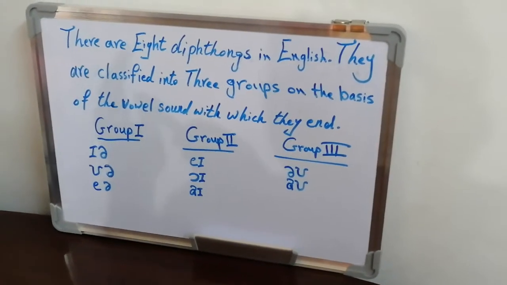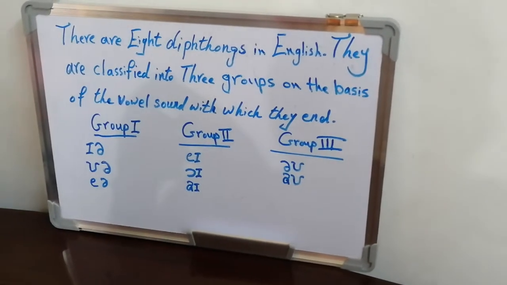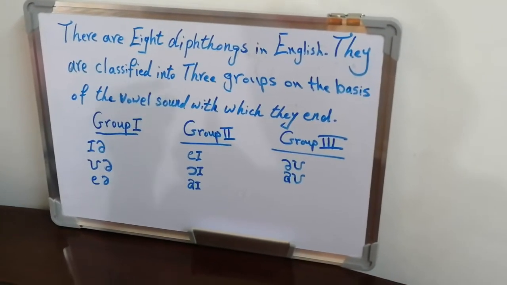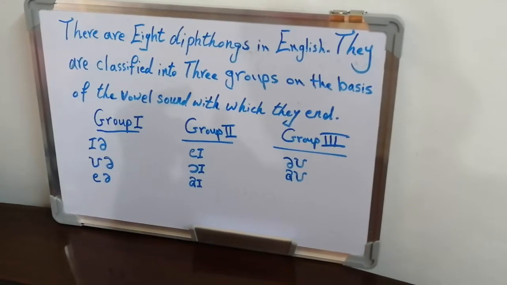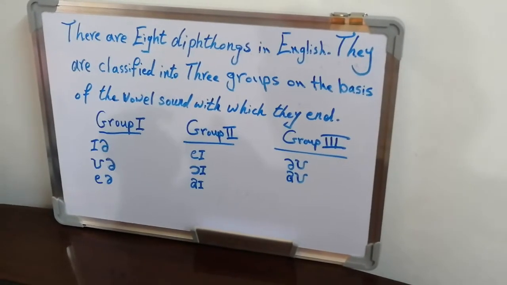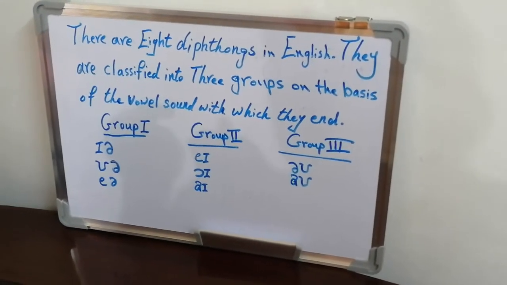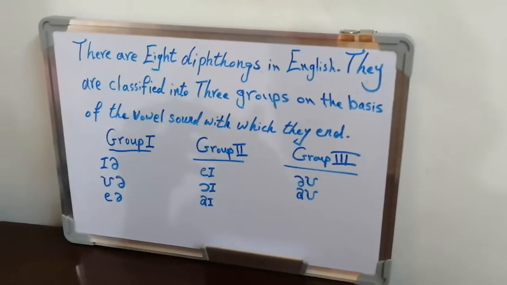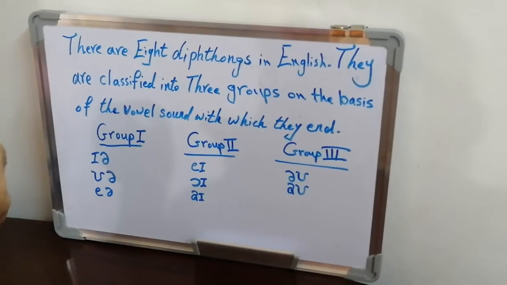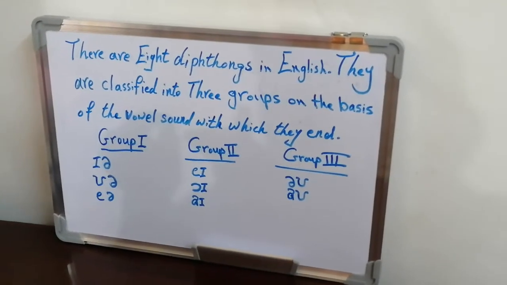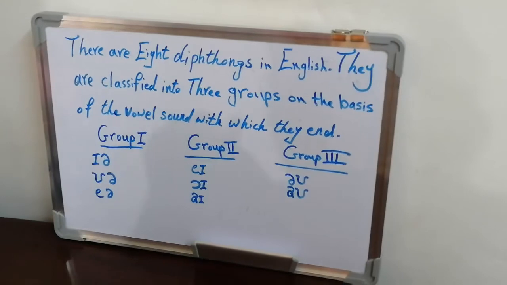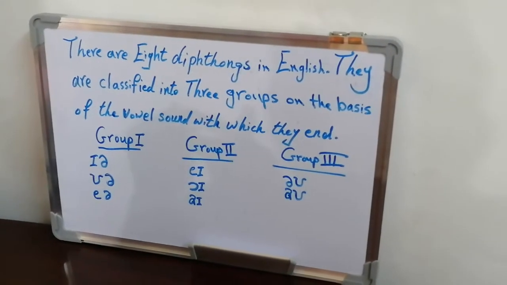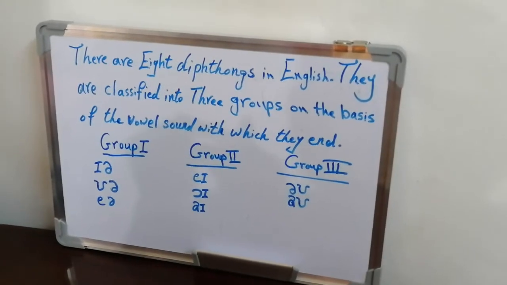They are different in the sense that they are not like pure vowels, which consist of only one singular sound. No, here these sounds, which are called diphthongs, consist of 2 vowel sounds. A diphthong starts with a vowel sound and ends with a different vowel sound.